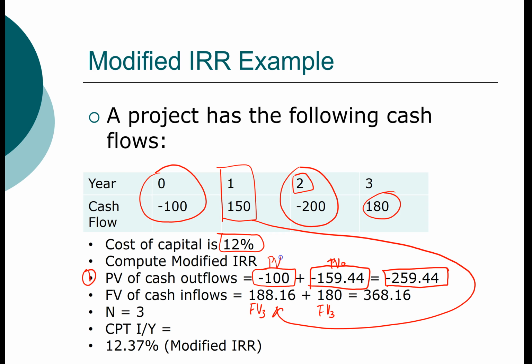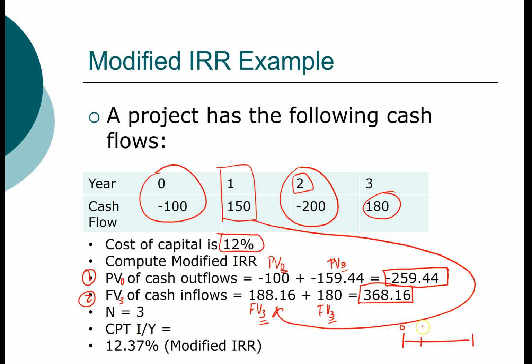So notice how we compute all the outflows into year 0 and all the inflows at the end of the project in year 3. So these are the two numbers we need now. We have done step 1 and step 2. We have computed the present value of cash outflows for year 0 and the future value of inflows for year 3. So now we are at the last step, step 3.